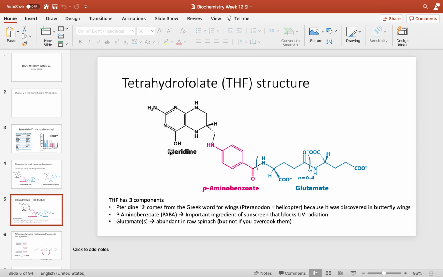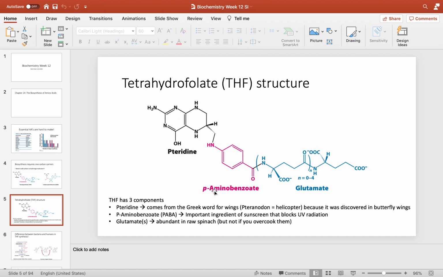The pteridine is basically 2 heterocyclic rings that have nitrogen groups in them, and it gets its name pteridine from the Greek word for wings, because this part was initially a pigment discovered in butterfly wings. So that's where the name comes from.